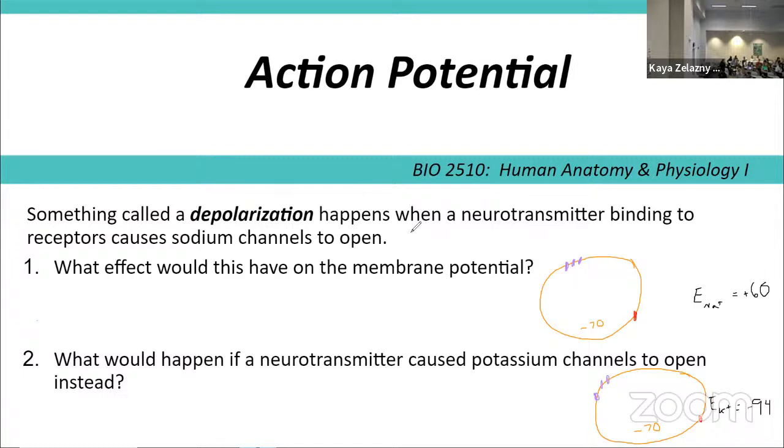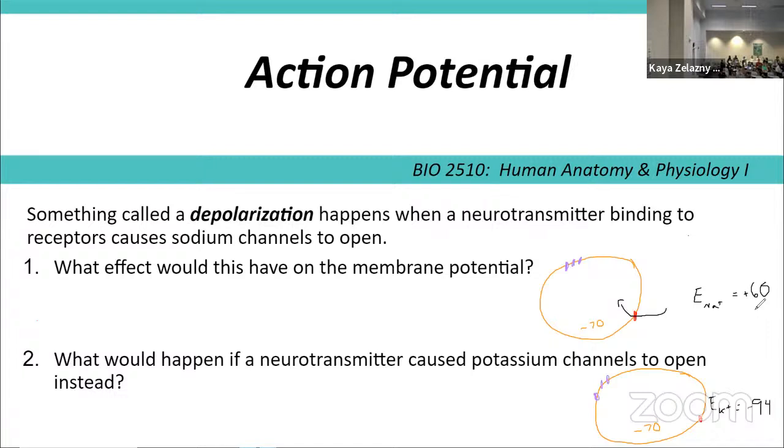Okay. So what is happening with our depolarization is that we have more sodium channels opening, right? We have a chemical and an electrical driving force pulling sodium into the cell. That's the direction sodium is always going to want to go if we're at our resting membrane potential of -70.